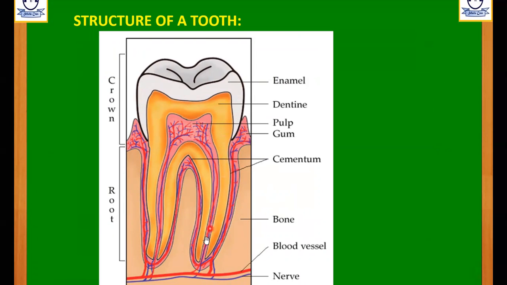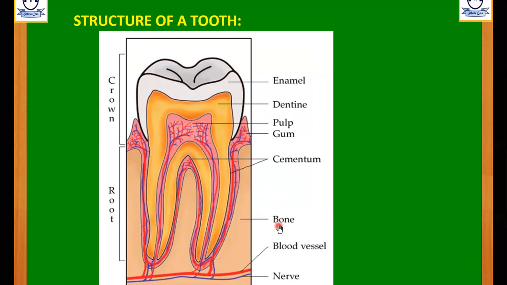You can see this one fixing in the jawbone. And this part we call pulp, which has blood vessels and nerves. The nerves in the pulp send signals to the brain, and the blood vessels in the pulp supply blood and nutrients to keep the tooth healthy.